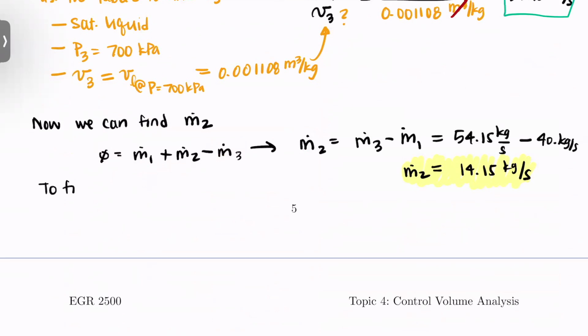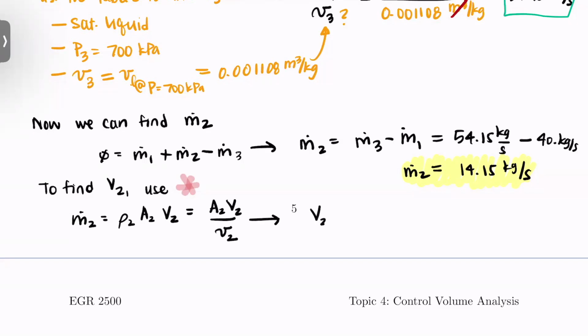So to find V2, use equation star. So we have that m dot 2 is equal to rho 2 A2 V2, which is A2 V2 over specific volume at 2.